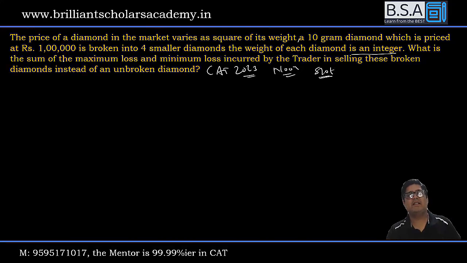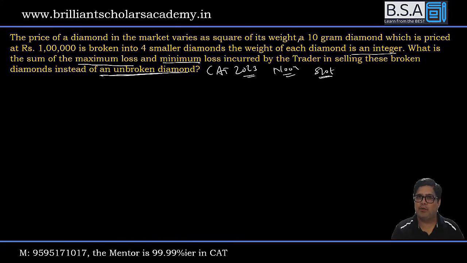What is the sum of maximum loss and minimum loss incurred by the trader in selling these broken diamonds instead of an unbroken diamond? I don't want maximum loss. I don't want minimum loss. I want both. I want maximum and minimum loss, both.